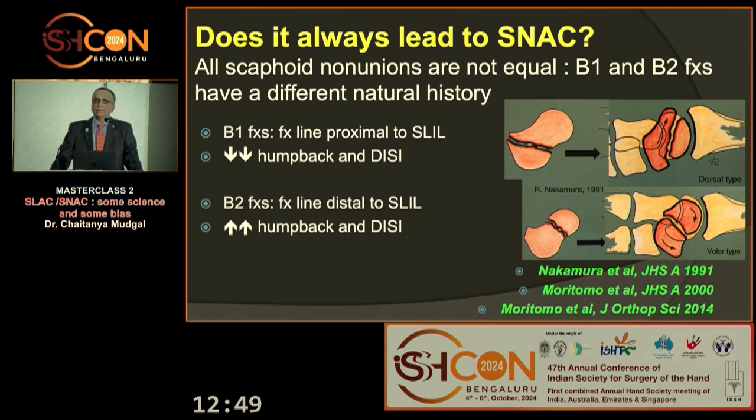And the theory was that in B1 fractures, the fracture line is proximal to the scapholunate intraosseous ligament attachment, and therefore the chances of developing a humpback are much, much less. Whereas those fractures which occur predictably distal to the attachment of the scapholunate ligament inevitably lead to the formation of a humpback and a predictable pattern of degeneration.